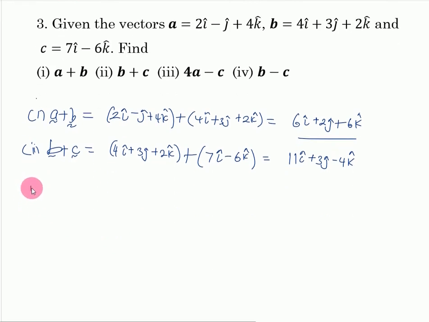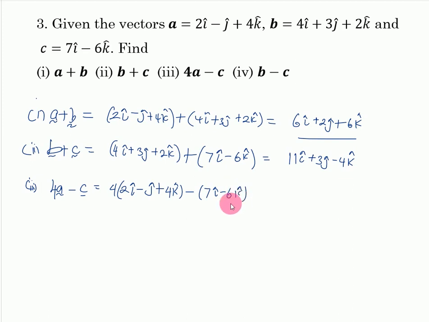Part C, Roman 3, wants us to get 4a minus c. So we shall have 4 times a. First of all, this is 2i minus j plus 4k, and I subtract c, which is 7i minus 6k.